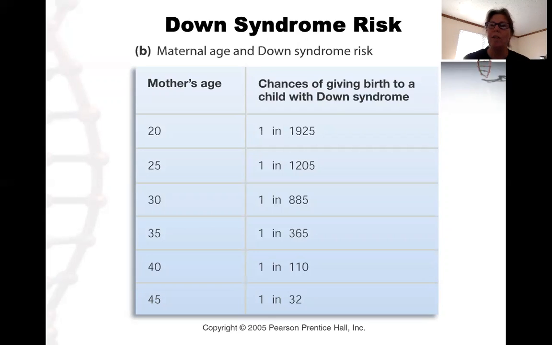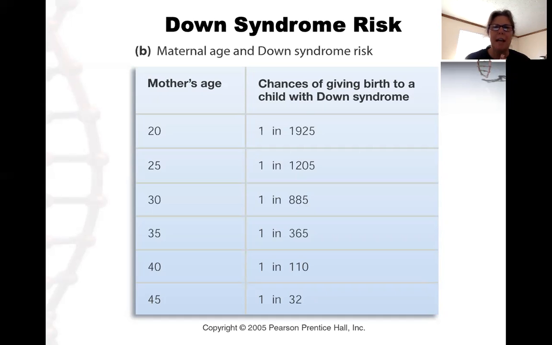And so the older you get, you can basically say the more expired your eggs are getting. And so they find it difficult to separate those homologous chromosomes, and you end up with an abnormal number of chromosomes in your eggs, and that is called non-disjunction, and that's what we're going to look at here in a minute.